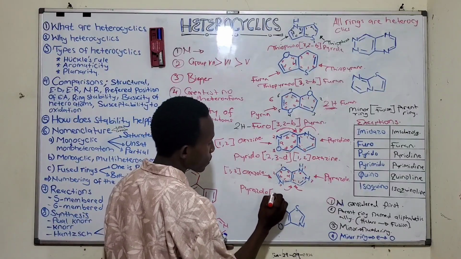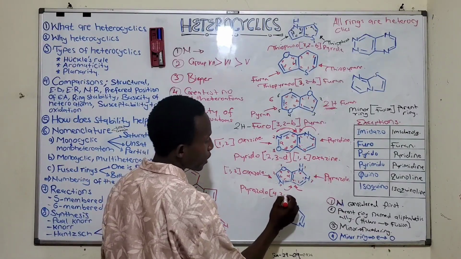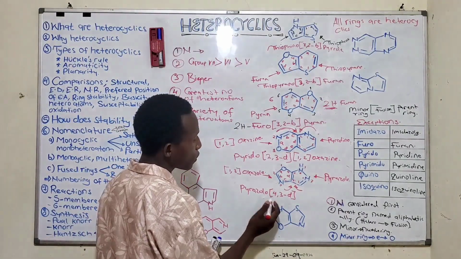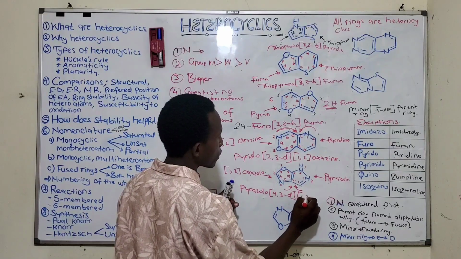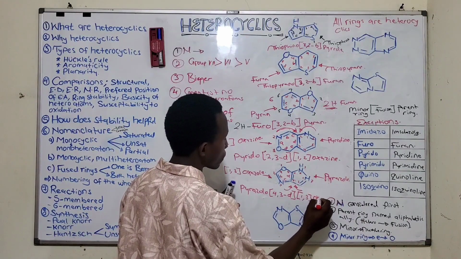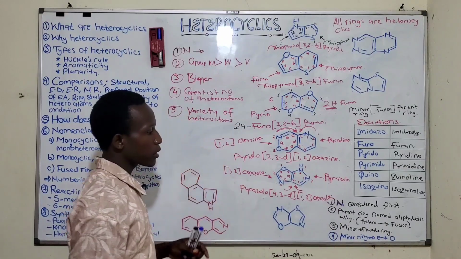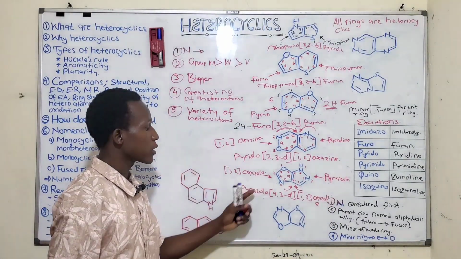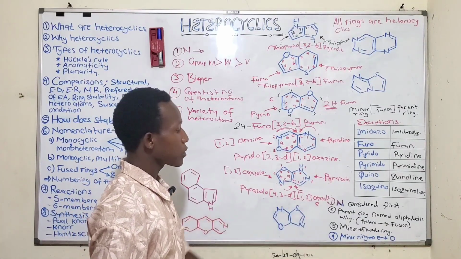So it will be pyrazolo 4, 3, and first D. That's where the fusion is. So it is pyrazolo 4, 3-d, then 1, 3 oxazole. That will be the name for this heterocyclic: pyrazolo[4,3-d]-1,3-oxazole.